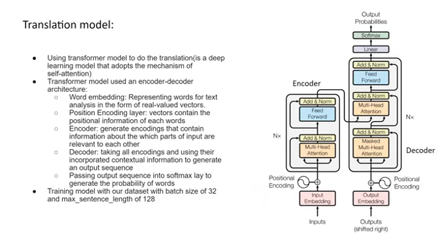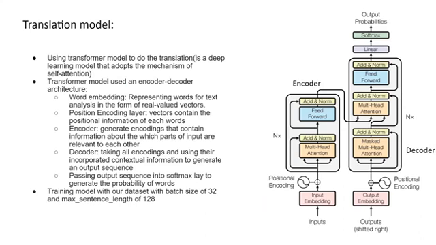Before the data is sent to the encoder, we should do word embedding and positional encoding. Word embedding represents the word for text analysis in the form of real-valued vectors, and the positional encoding will convert positional information of the word to a vector.